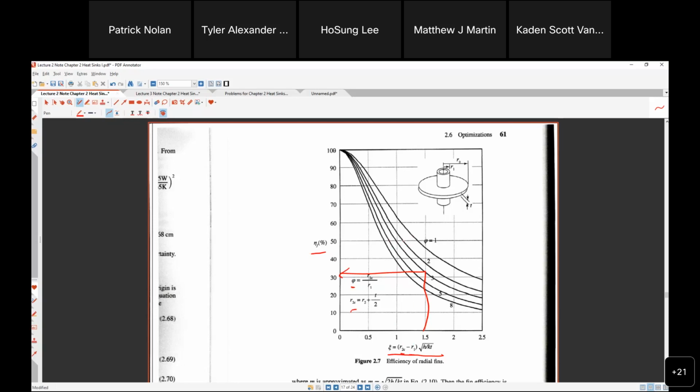You can use this plot, but you need the dimensions to compute the efficiency. Once you have the efficiency, it's easy now, because the actual heat transfer is efficiency times the maximum. Can you tell me now what is the maximum?